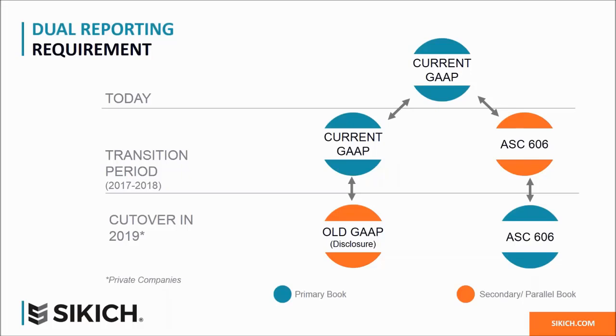Now, how NetSuite ultimately handles this is when we talked about a sales order having an associated revenue arrangement. Well, in this example, one sales order would just have 2 arrangements, one arrangement posting to one book, one arrangement posting to the other. So now, for a private company, when it comes time for your cutover, in a little over a year from now, NetSuite has a transition process to help you make this cutover clean and easy.